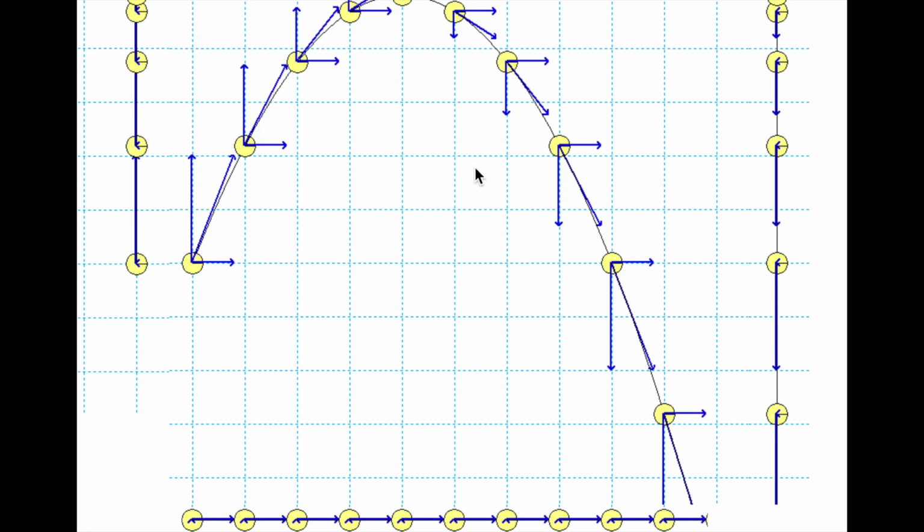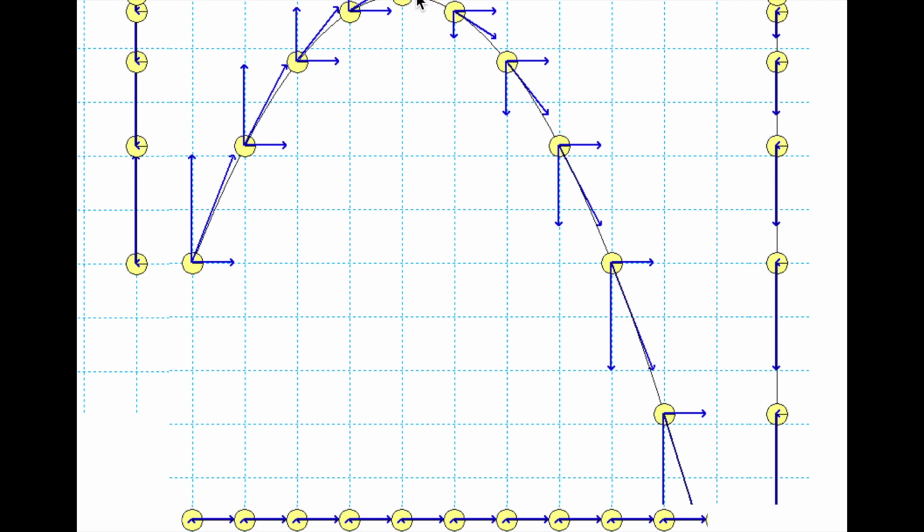Now, here's something else to notice too. Look at the resulting vector and notice how it is relative to the path. All the way through, if you look at the resulting velocity vector versus the path that it's traveling, even up here at the very top, even though it doesn't have a vertical velocity vector, there is a term for that.